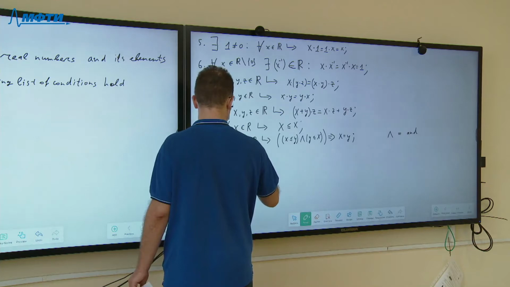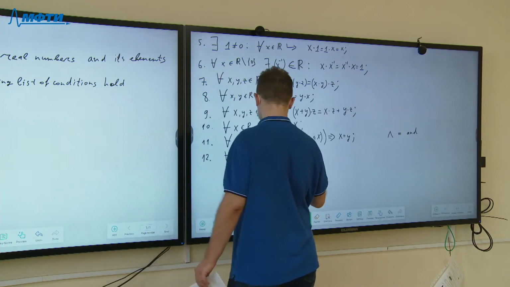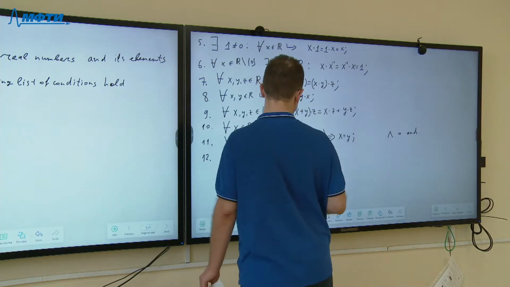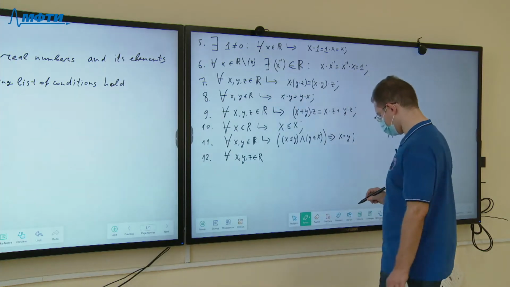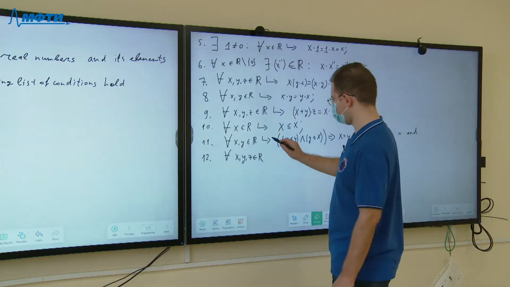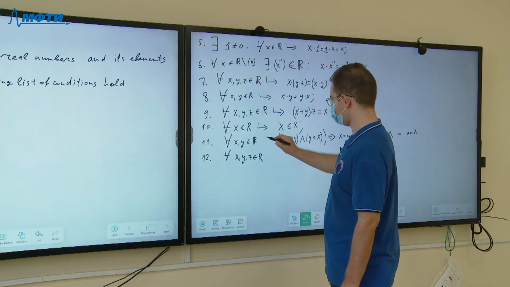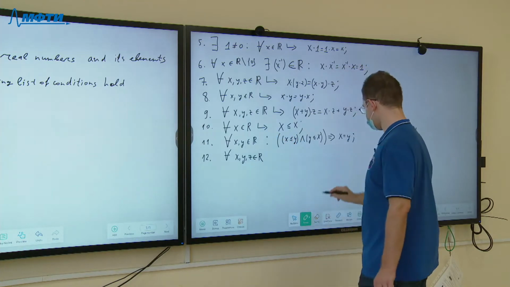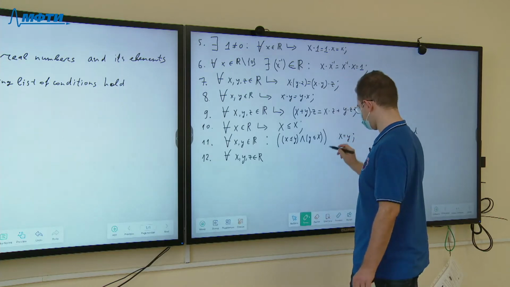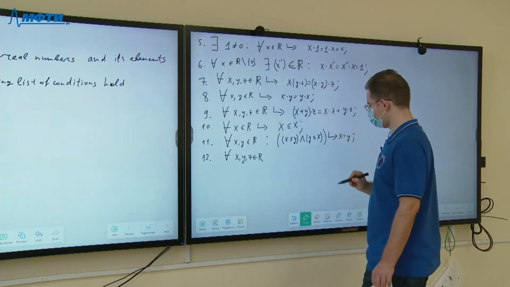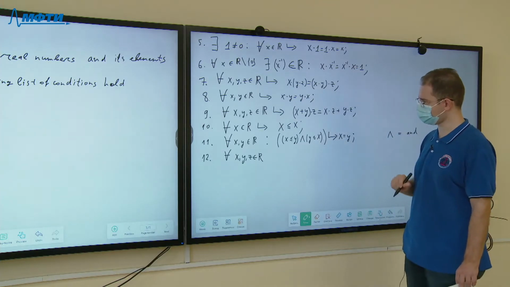For any x, y, and z, actually, let me change notation a bit. I'll write it differently. So for any x and y such that follows. The meaning is the same, but this notation I like better.